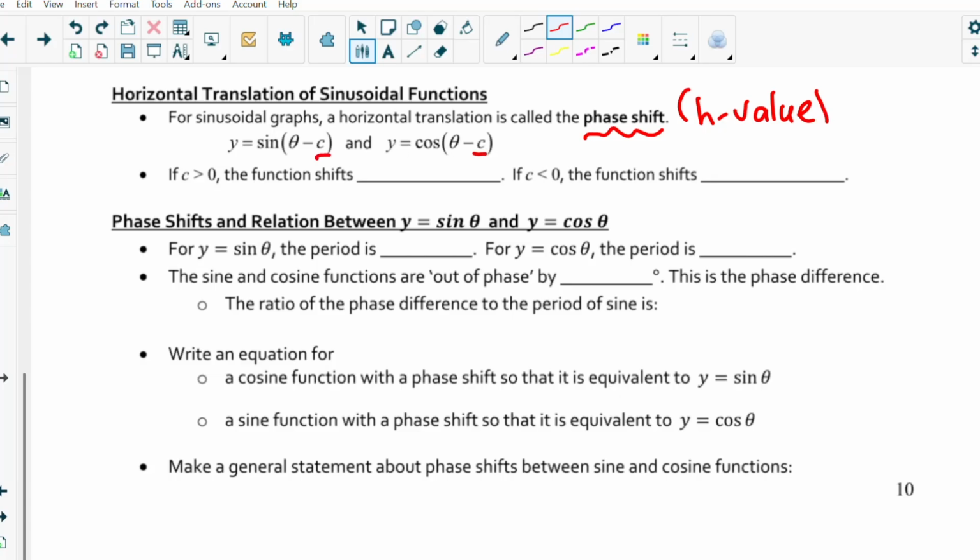The form it takes is y equals sine in brackets theta minus c, and y equals cosine in brackets theta minus c. So it works just like the h value that we know. If c is greater than 0, the function shifts to the right. If c is less than 0, the function shifts to the left.